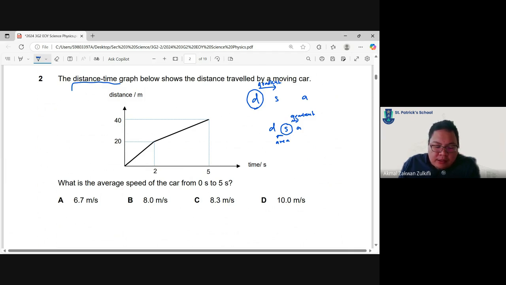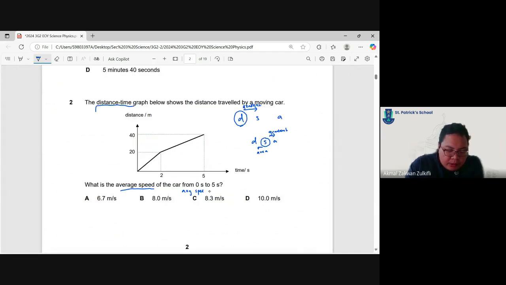Now, they ask, what is the average speed? Every time you see average speed, go and write down the formula. Average speed equals total distance divided by total time.